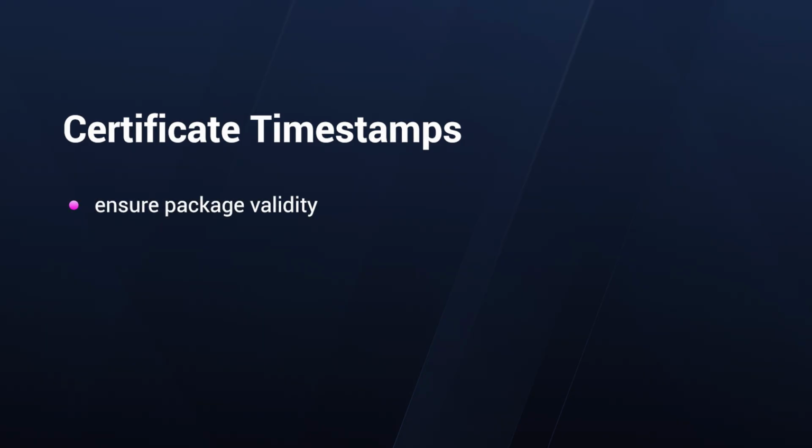Certificates expire, and it's crucial to add a timestamp during the signing process. This ensures the package remains valid even after the certificate expires. Without a timestamp, the package will be considered invalid once the certificate expires, and it's going to prevent new installations.